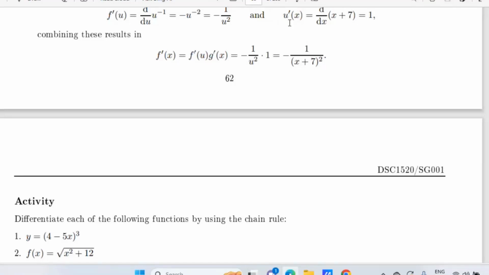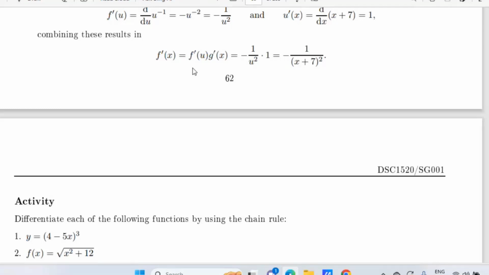Now, we do know what f prime of u is. We said it is 1 over 2 u to the power half. Now, that is f prime of u.